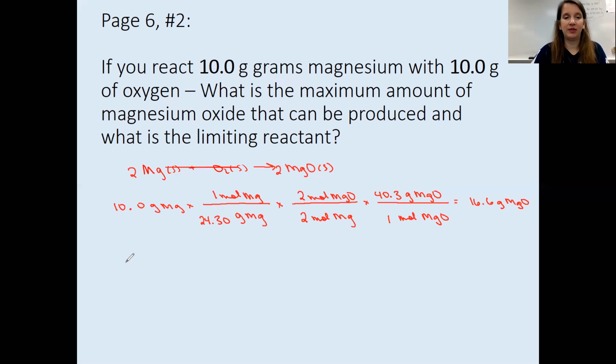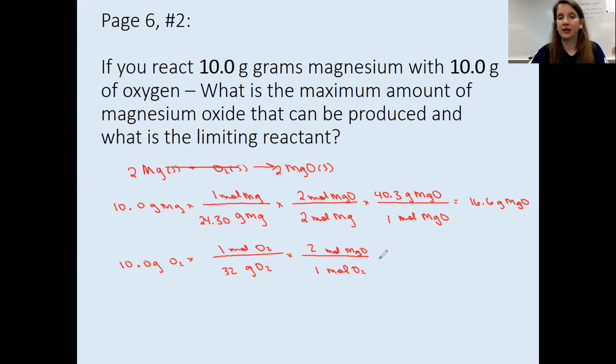So we'll have to do the same thing starting with our oxygen. We're going to have grams of oxygen down here. It's going to be 32, the molar mass of oxygen. We're going to use 1 mole here because we always put 1 mole on top of the molar mass. We have to switch from moles of oxygen to moles of magnesium oxide, so we're going to use our coefficients, 1 and 2.